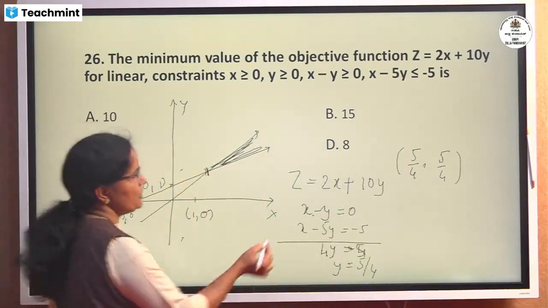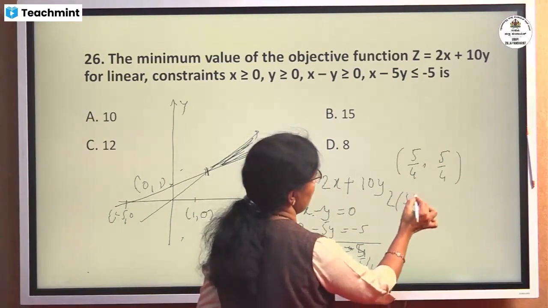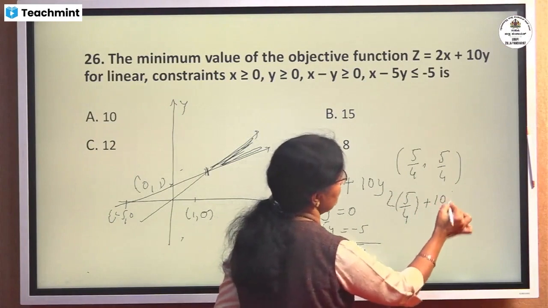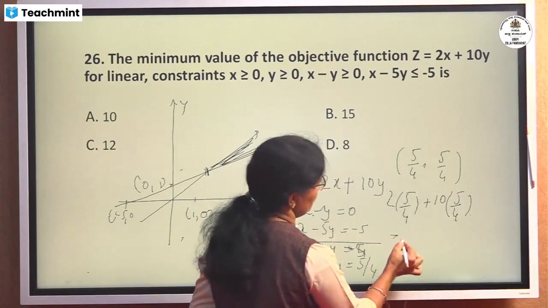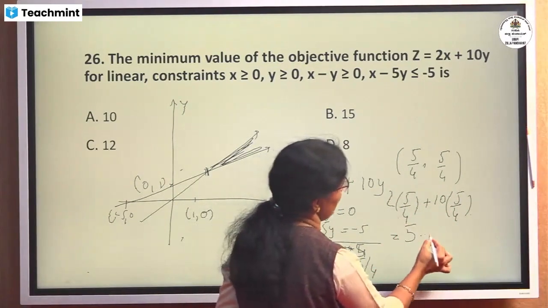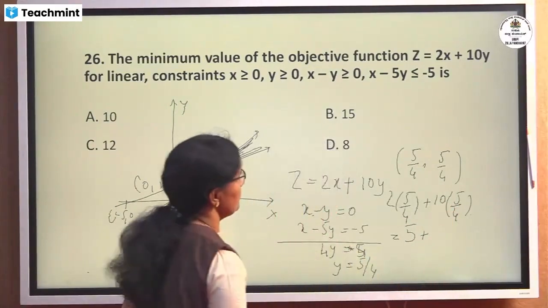At this point, you have to calculate the value of z. 2 into 5 divided by 4 plus 10 into 5 divided by 4. So 20 divided by 4 is equal to 5, and here 50 divided by 4. Therefore, you will get the answer.